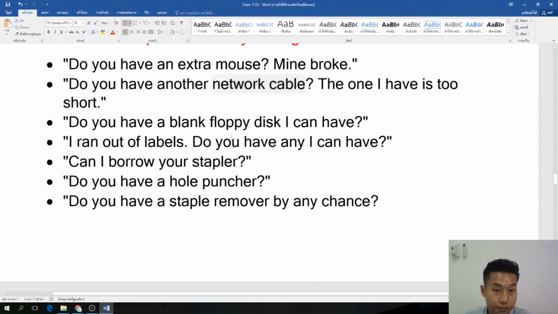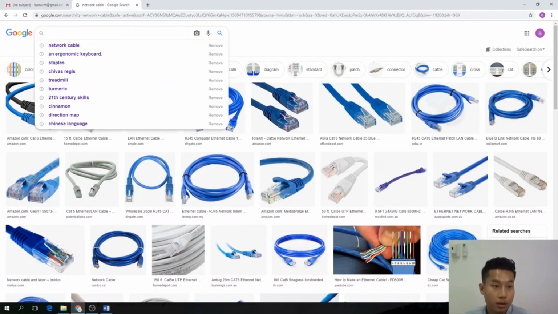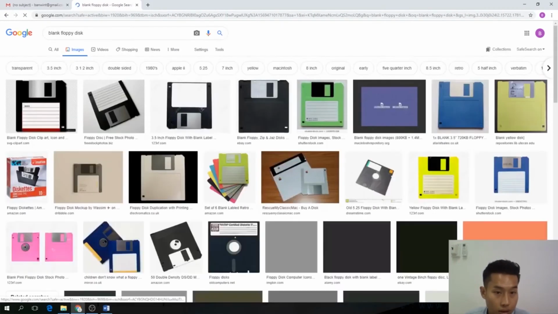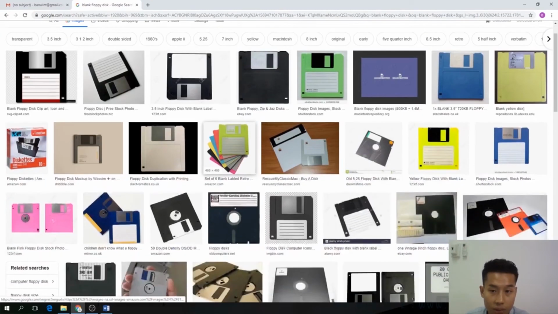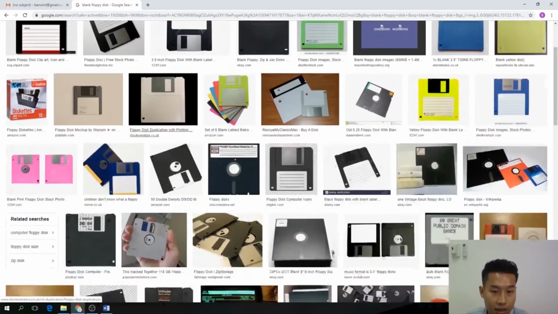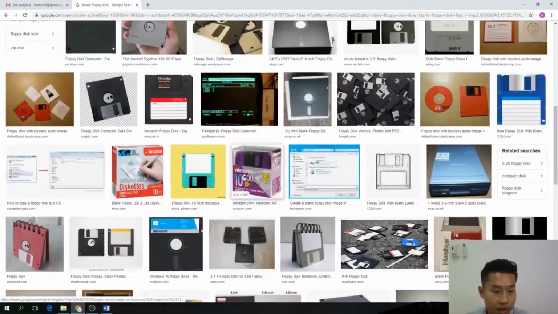Number two, a blank floppy disk. Okay, this is a blank floppy disk.